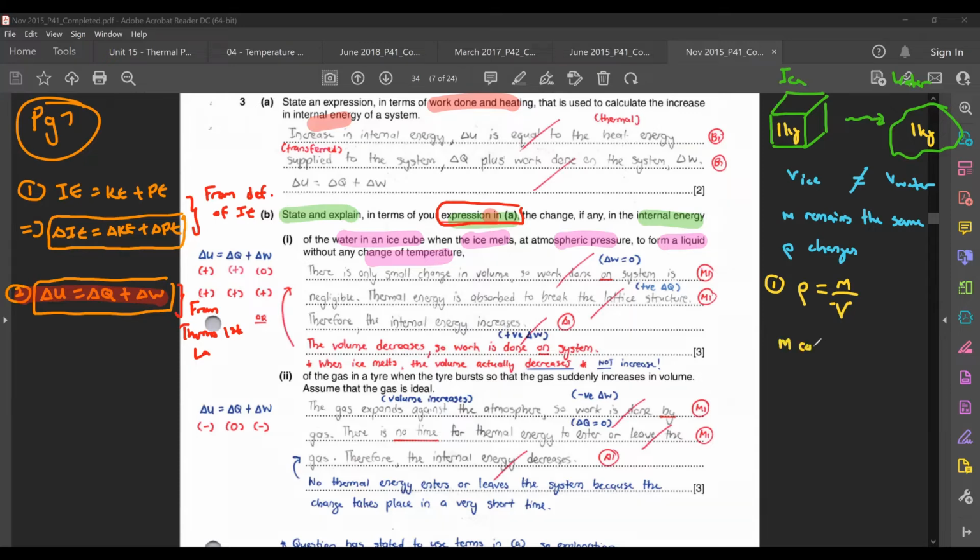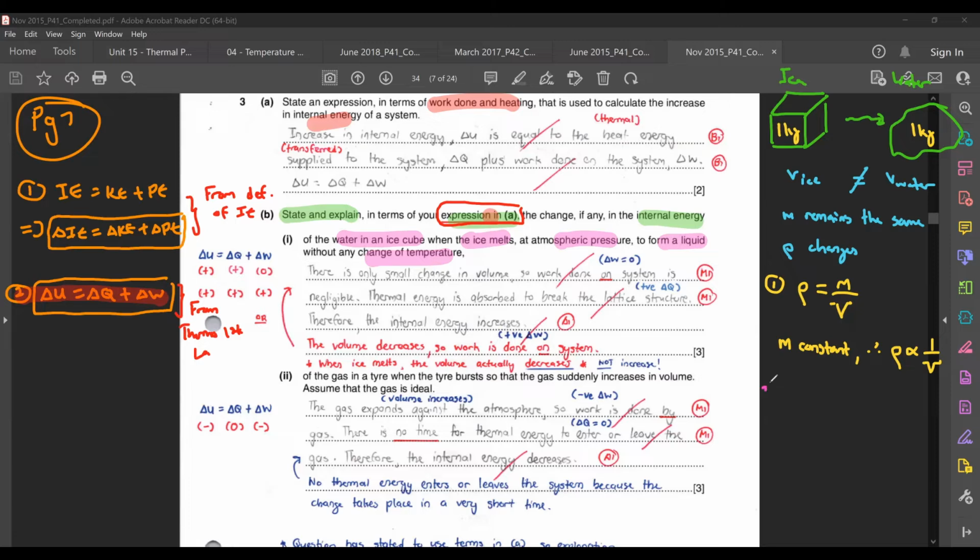Mass is constant. Therefore, rho is inversely proportional to volume. Okay, so that's what we know. Then between ice and water, which one is going to have a larger density? Which one is going to have a lesser density?